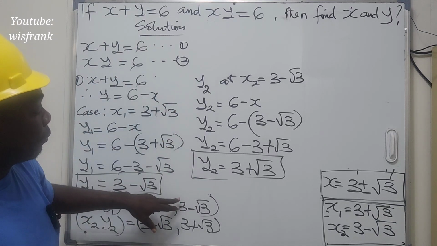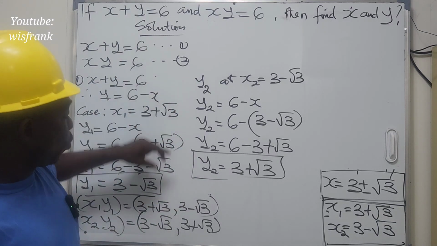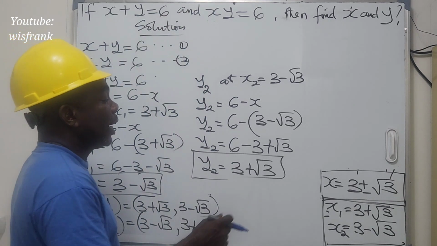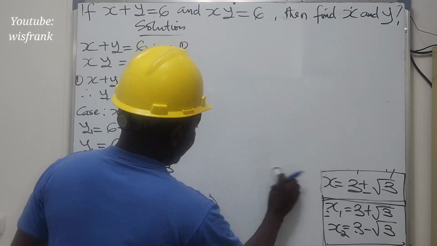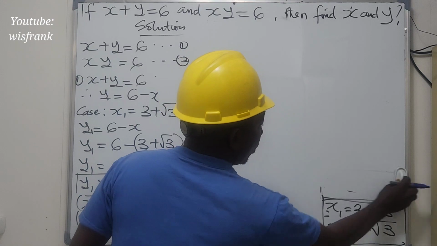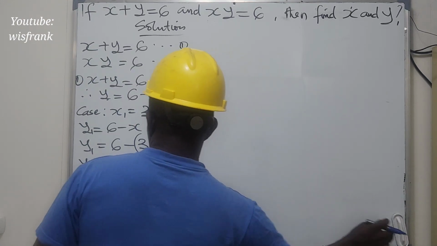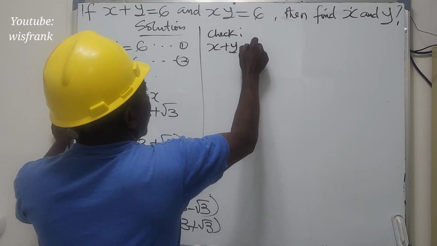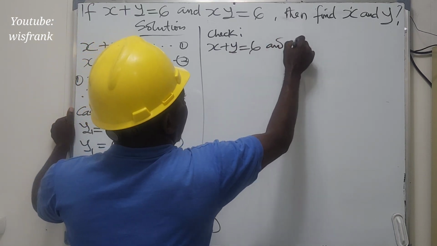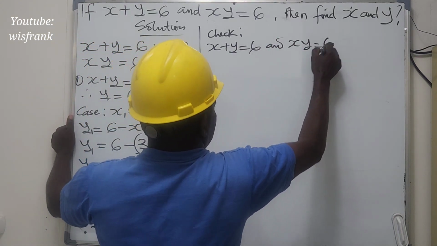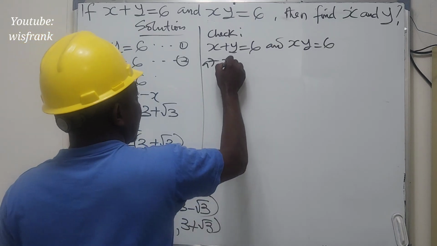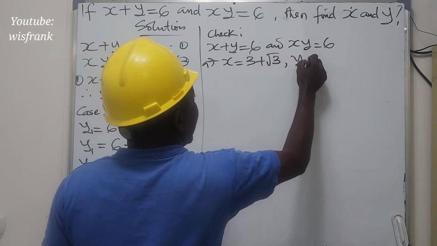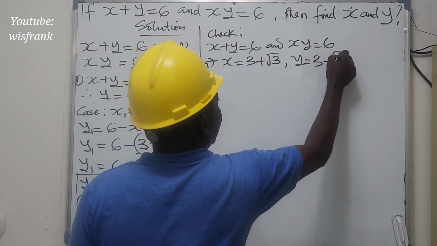We can do a little check for us to see. Let's check whether each of these values will satisfy this equation. For that, we need to clean this, for us to check and see whether we have that as the value of x. Then we are given x plus y equals 6 and also xy equals 6. Then at x equals 3 plus root 3, y equals 3 minus root 3.